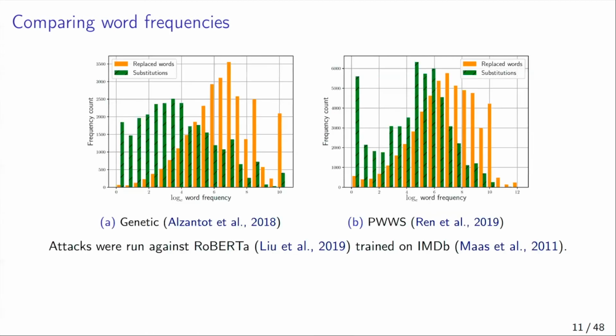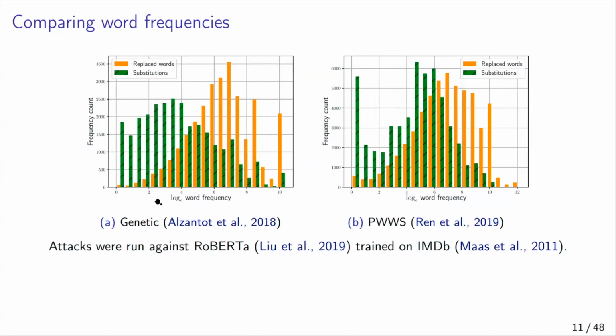So here are 2 histograms visualizing these frequency differences. Both of these histograms are with respect to a fine-tuned RoBERTa model on the IMDb movie review dataset, which is another dataset for binary sentiment analysis. So you classify a sequence into either positive or negative. The histograms show the frequency distribution of replaced words and their corresponding substitutions.